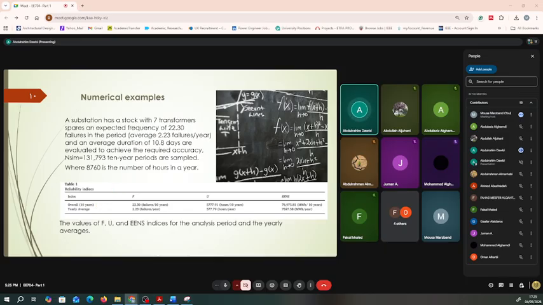F, which I said before, expected failure frequency, is around 22.3, and the U, which I said before, unavailability, is 5,777.91 hours per 10 years, and EENS, which is the expected energy not supplied, is 76,975.81 megawatt hours per year. These are the value indices for the analysis period for year averages.